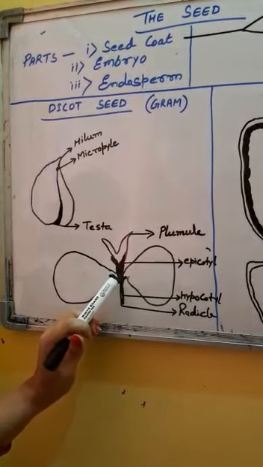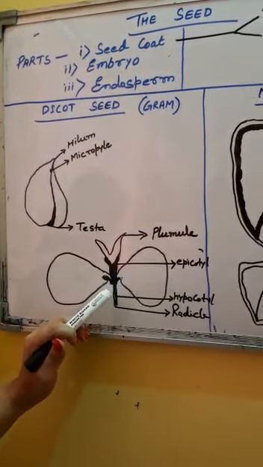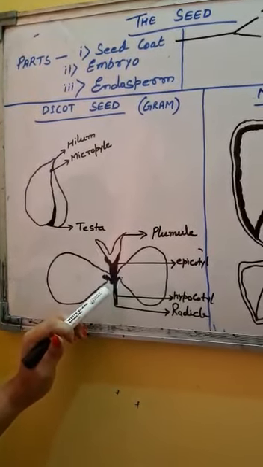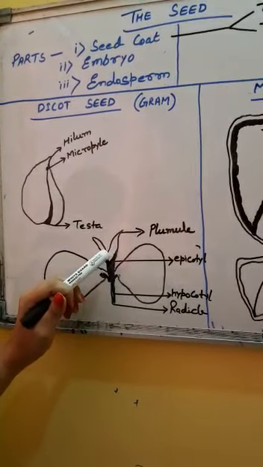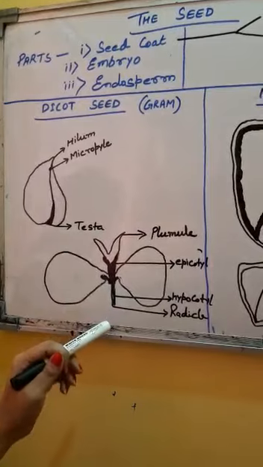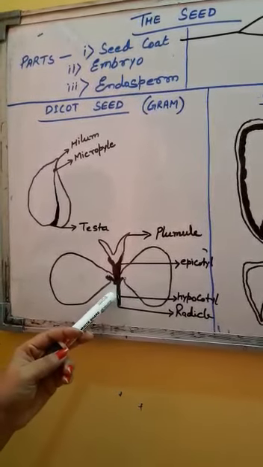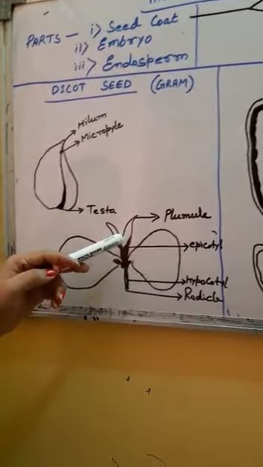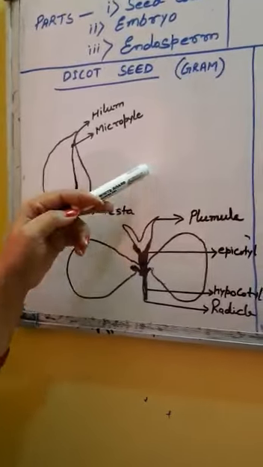This is the embryo axis, and the point where cotyledons are attached to that embryo axis is called a node, the cotyledonary node. One end of embryo axis develops as plumule and the other end develops as radicle. Further, the radicle will grow as root and plumule will grow as shoot.